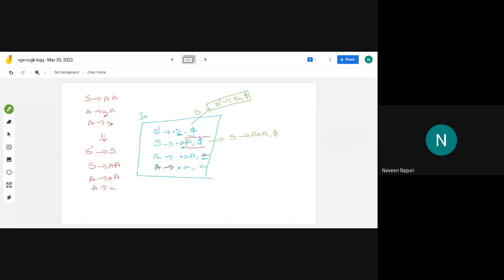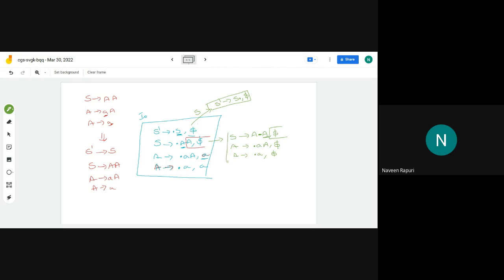After dot there is again a non-terminal, so A derives AA comma. After A we are having only dollar. So first of dollar means dollar, and A derives dot small a comma dollar.